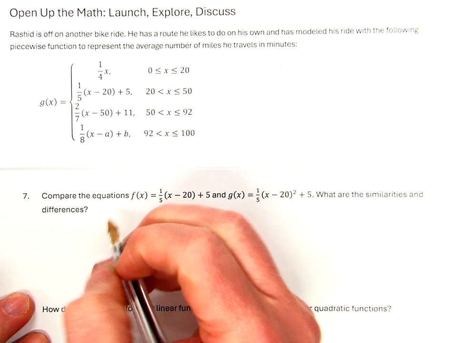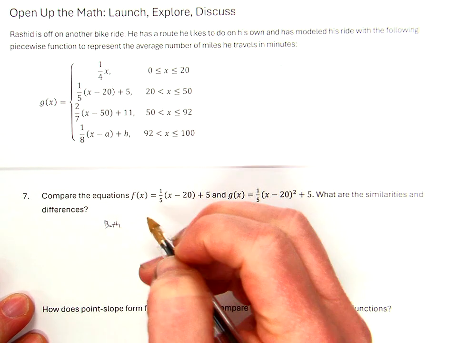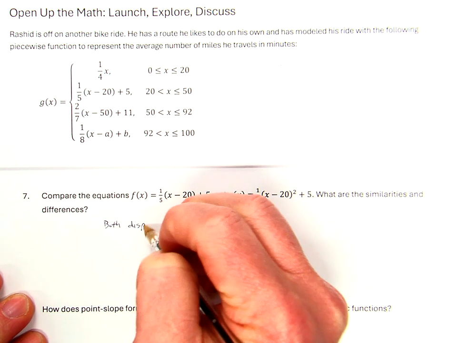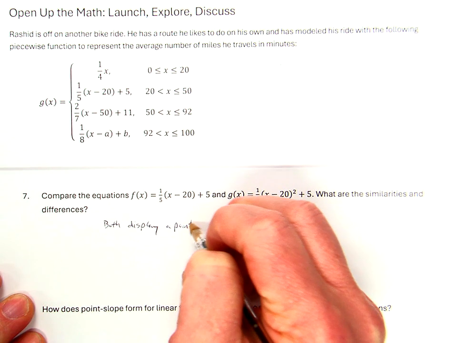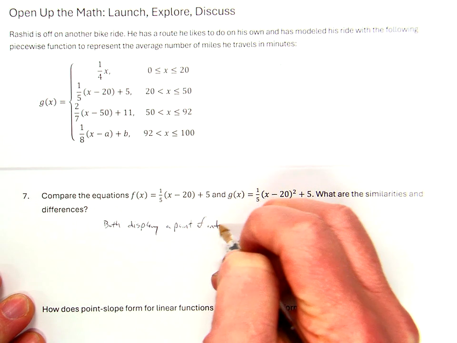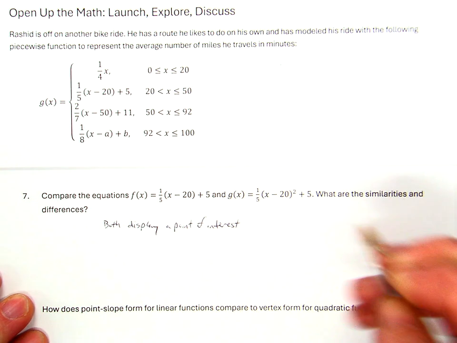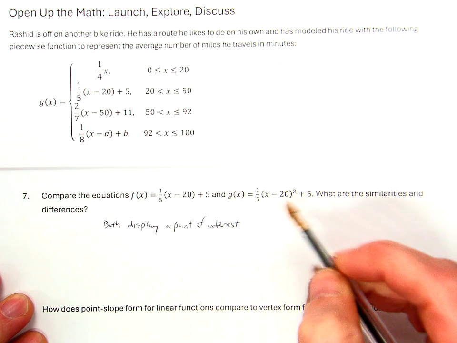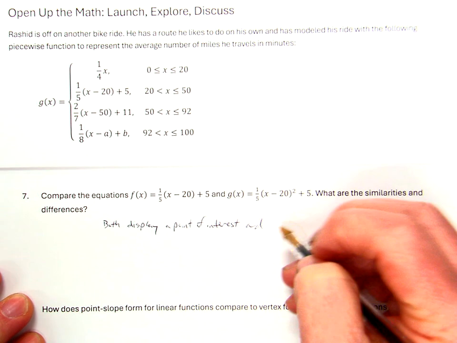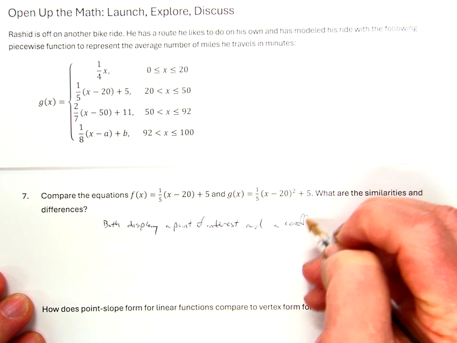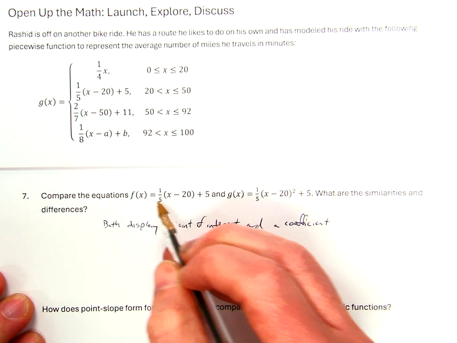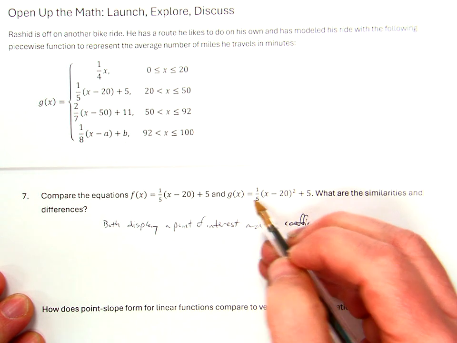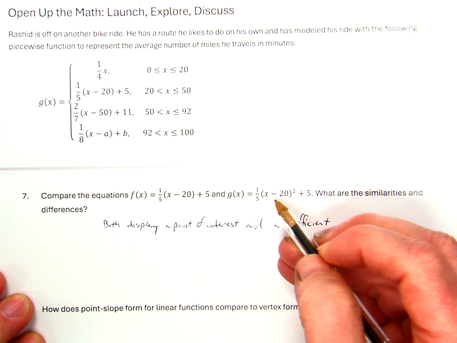So here we can say that both display a point of interest. Of course, that point of interest is different for which one you're dealing with. And a coefficient, which in this case is a fifth. 1/5 is the coefficient of our quadratic.